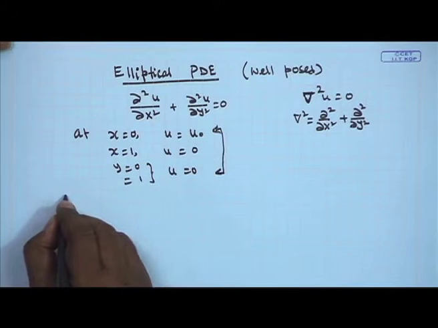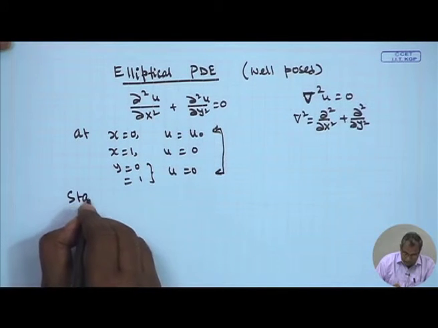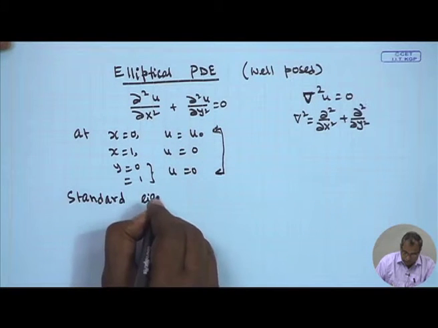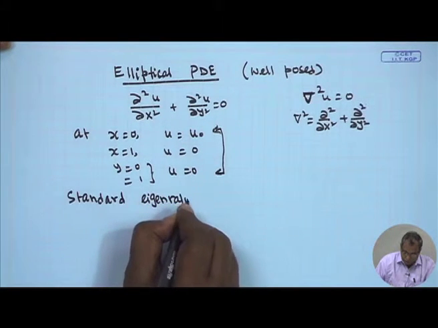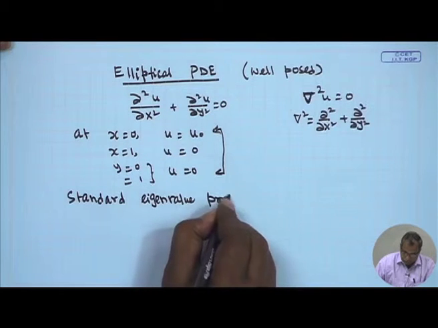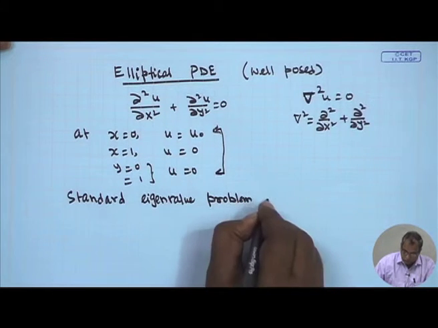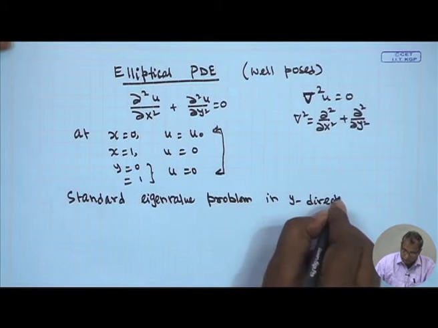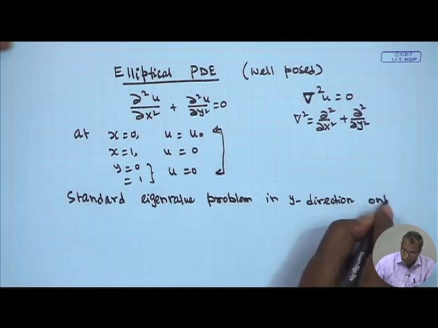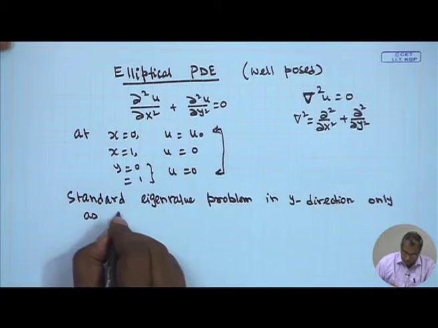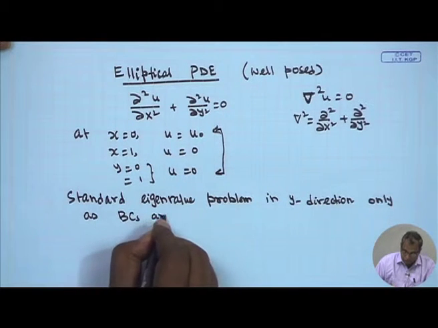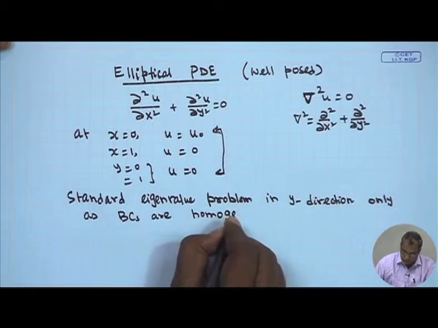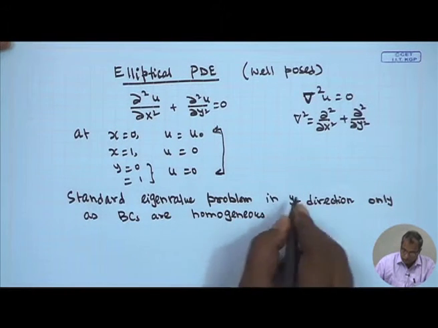So, we will be having a standard eigenvalue problem in the y direction only, as the BCs are homogeneous there.